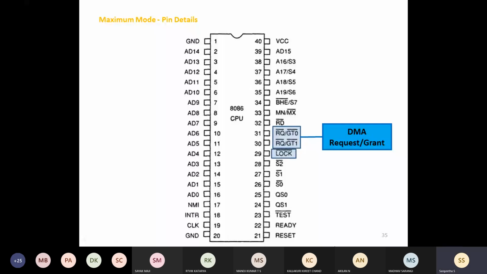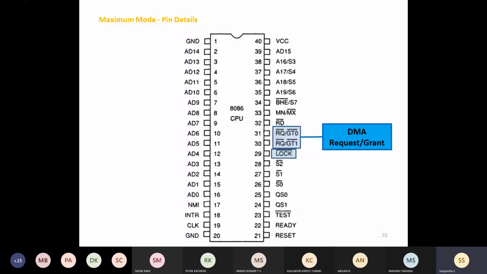If one processor is accessing your bus, at that time the control should be with that processor. If I want to keep control only with the processor and not give control to any other unit, in that case your lock signal should be low.